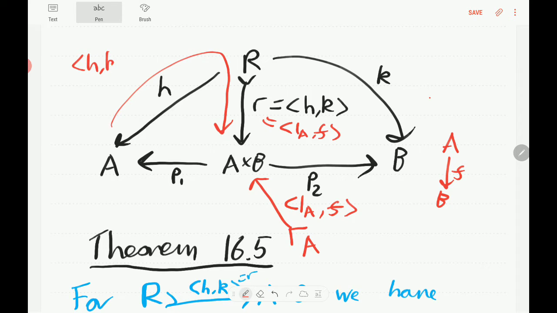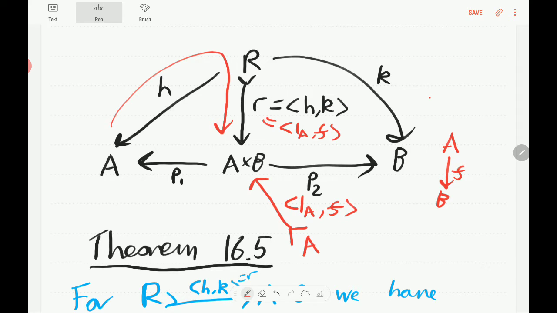And that would be H comma K after the inverse of H, which would give us identity A comma K after H to the minus 1. And so that would be the graph which our relation R would be equivalent to in this kind of case.